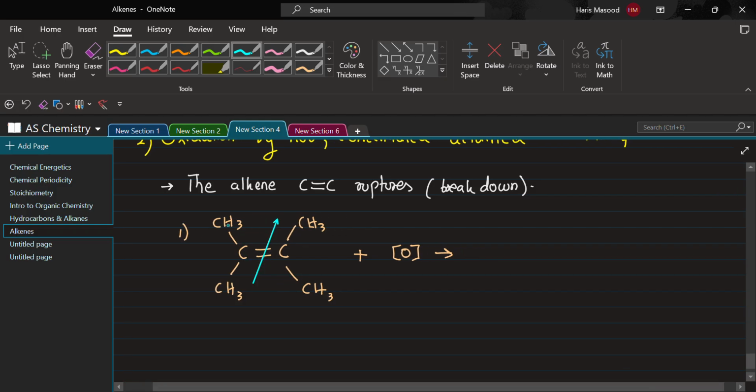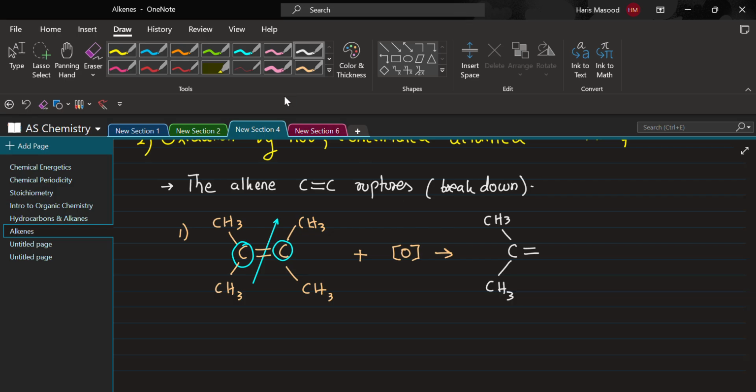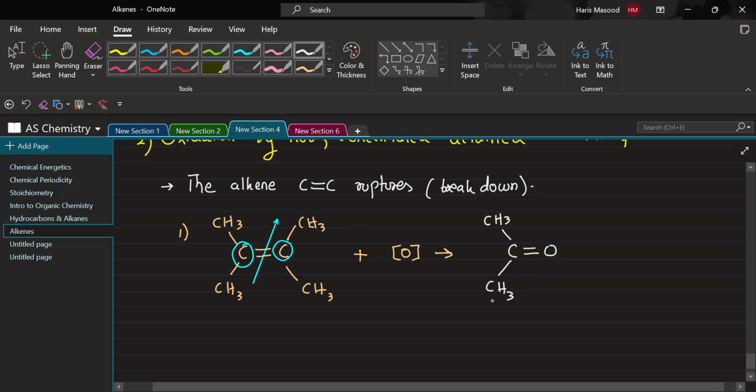Now look into both carbons. If these carbons do not have any hydrogen attached with them, then you just have to make the double bond like this, the half double bond, and again CH3, and you just have to attach an oxygen to that double bond.